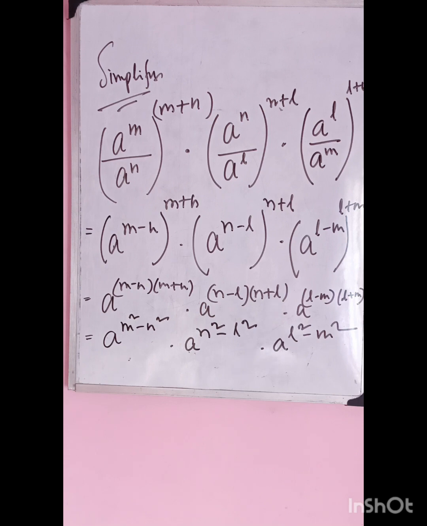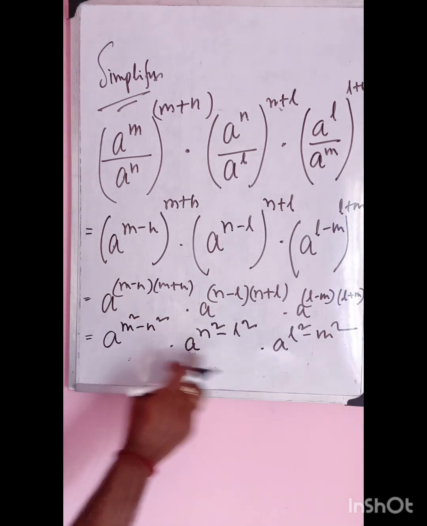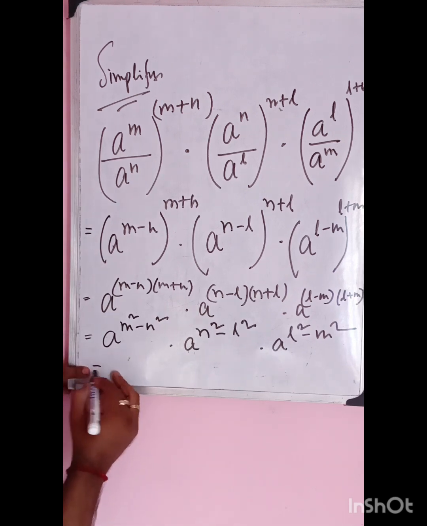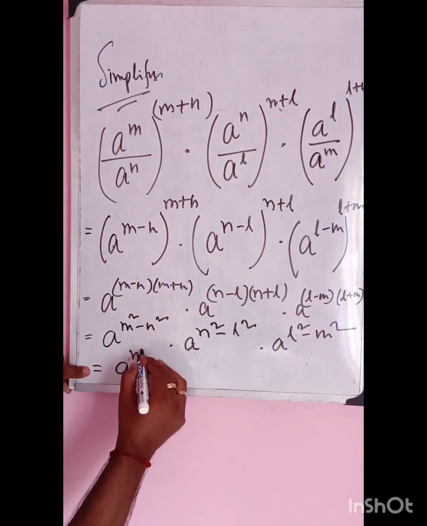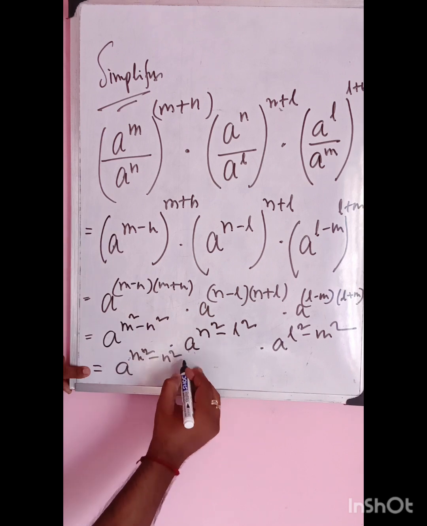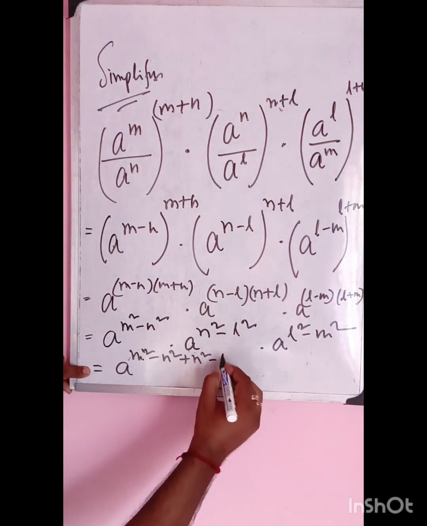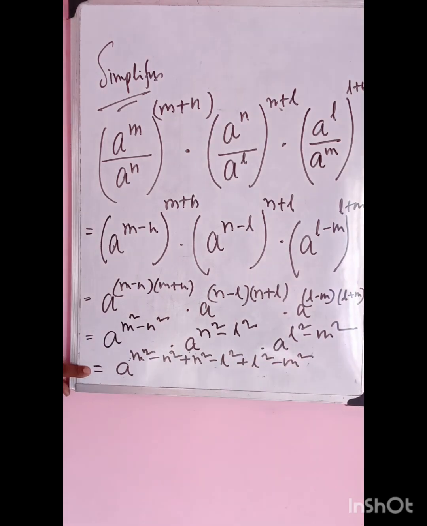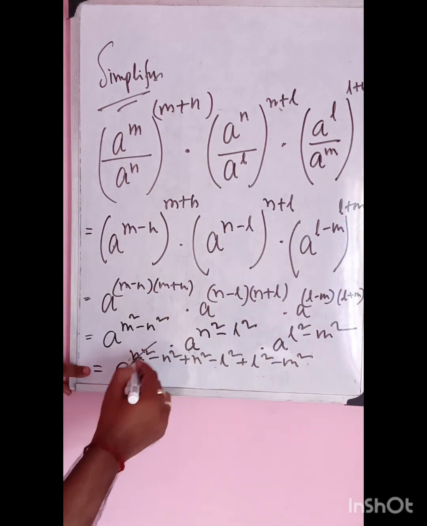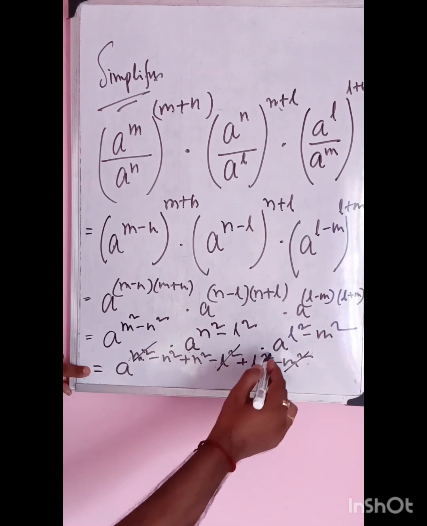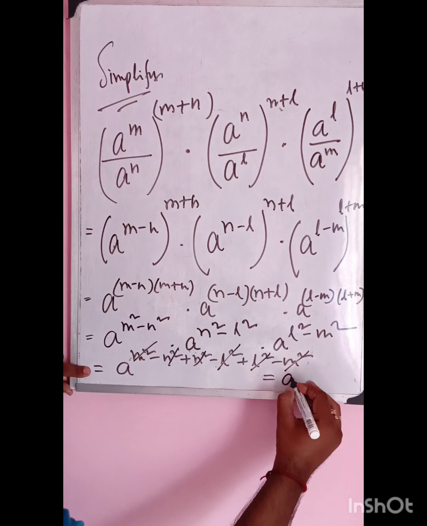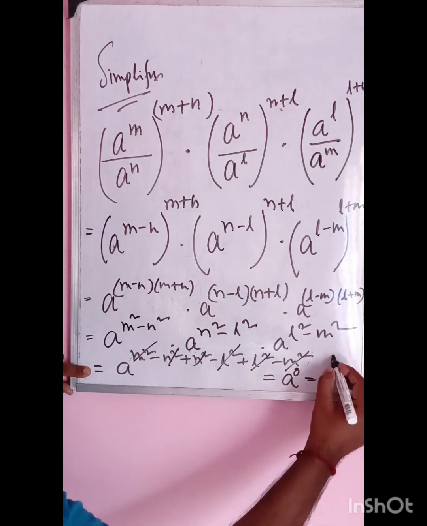Okay, same base multiplied, powers will be added. So a to the power m square minus n square plus n square minus l square plus l square minus m square. You see, they cancel. What remains? a to the power 0, that is 1.